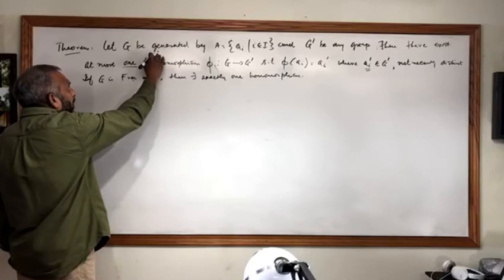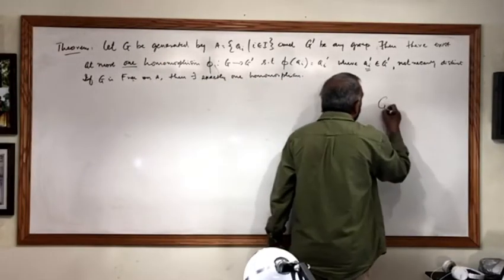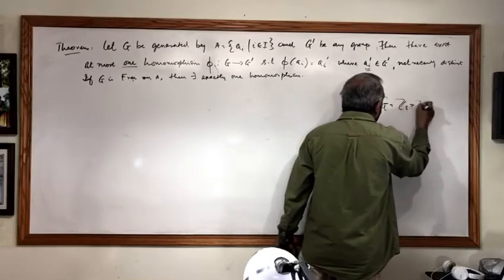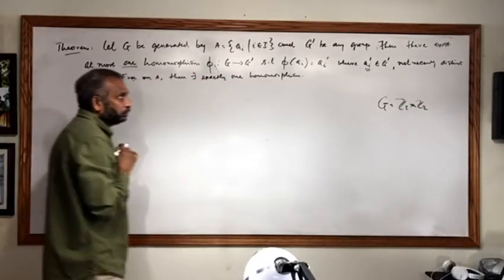So, for example, G could be something like Z2 times Z, which is not even a free abelian group.